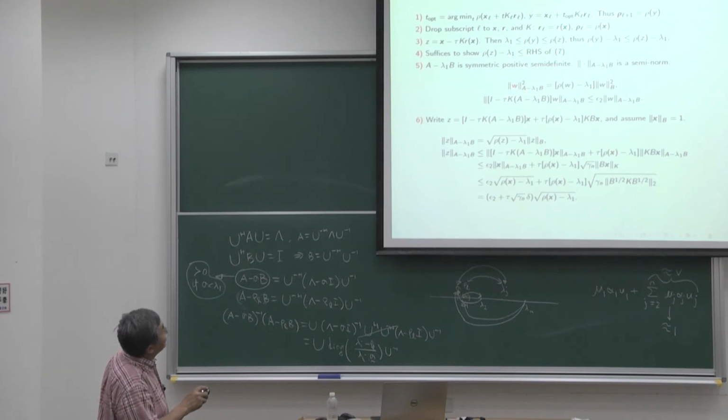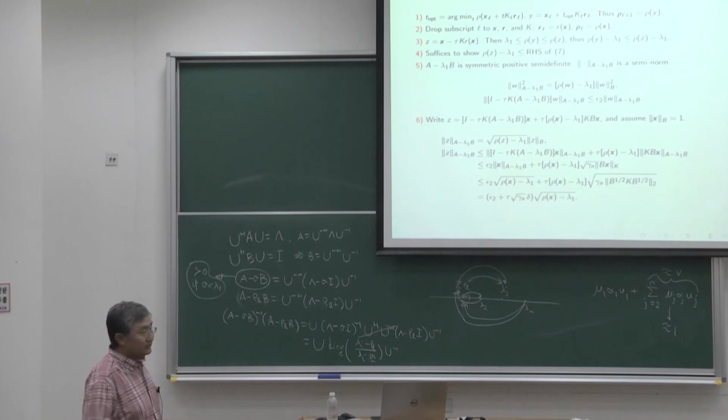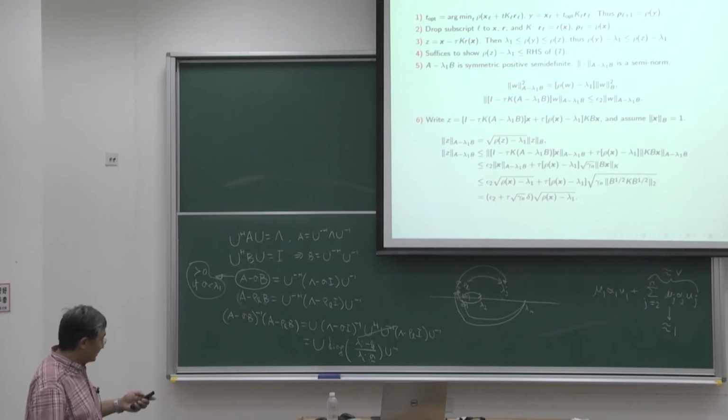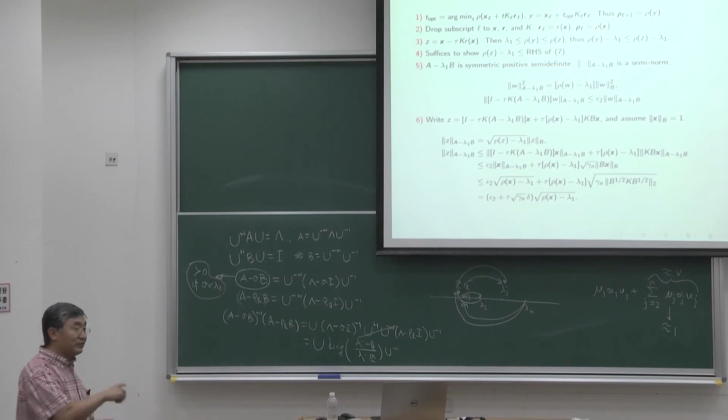And using the semi-norm A minus lambda 1 B, the error comes out nicely, okay? That's a beautiful theory by Samokish. The original paper of Samokish was not for the generalized eigenvalue problem, but the proof carries over without much change.